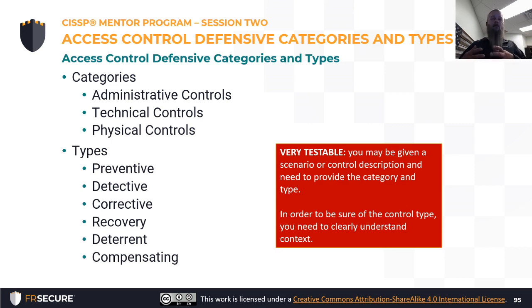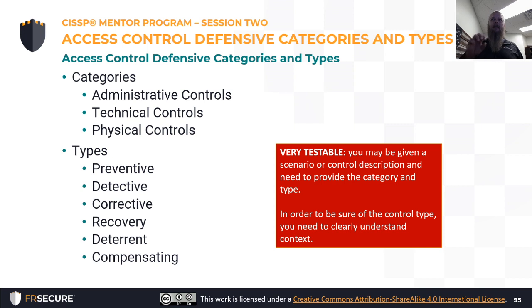Now, where this becomes really testable is they're going to give you scenarios in the exam, one or more, where they're going to give you an example of, say, camera surveillance, right? A camera is used, whatever. What type of control is that? Well, depending on the context of which they put the question, it could be a technical control, it could be a physical control, it could be a deterrent control, or it could be potentially a detective control if there's somebody actually watching it.